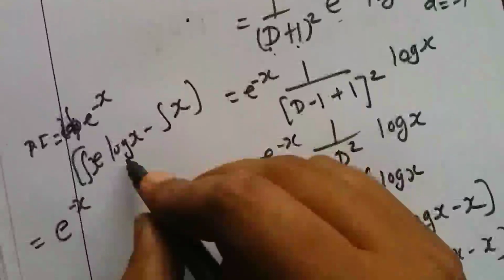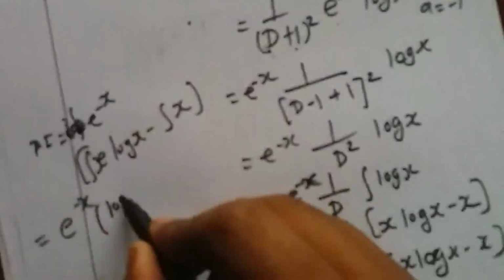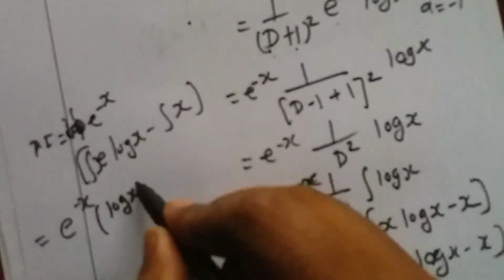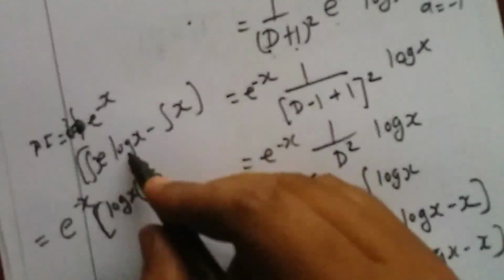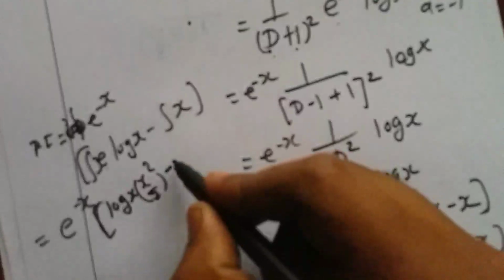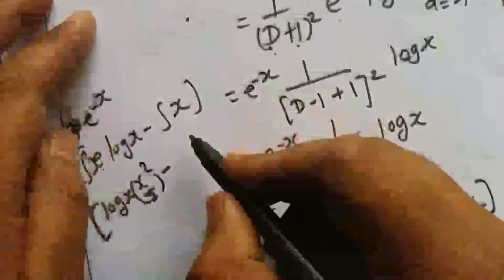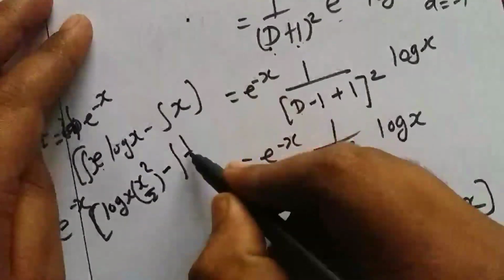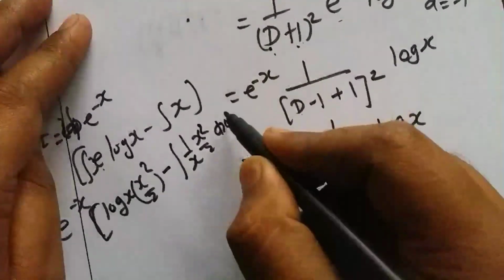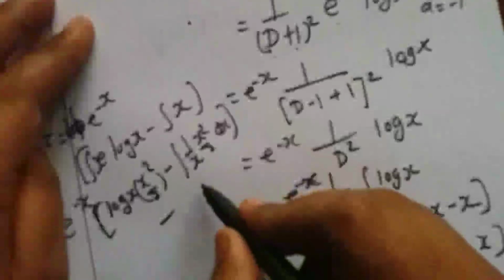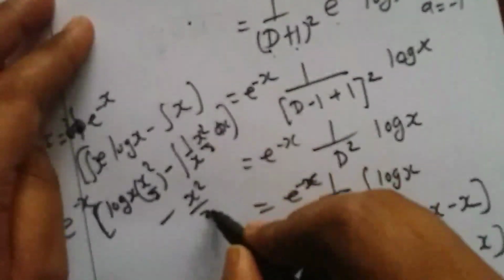First function will be log x, first as it is, integration of second is x square by 2. First as it is, integration of second. Then minus big integral, derivative of first, integration of second, x square by 2 dx. And minus x integration is x square by 2.